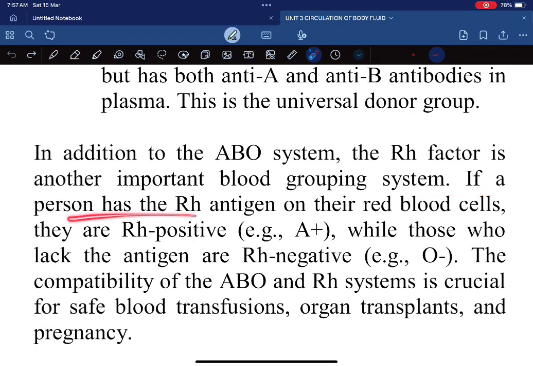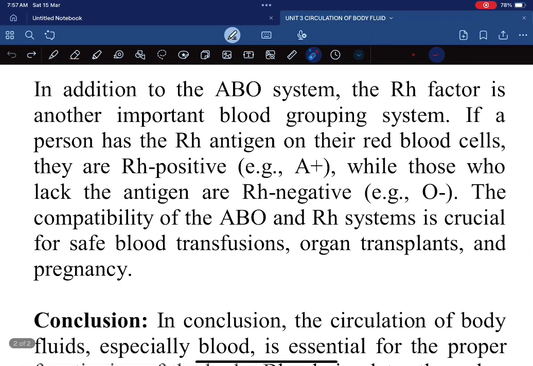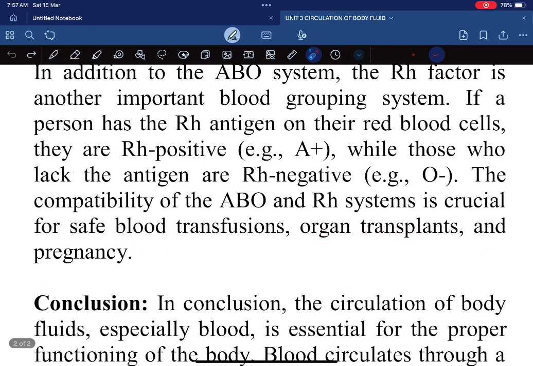If a person has the Rh antigen on their red blood cells, they are Rh positive, for example A positive, while those who lack the antigen are Rh negative, for example O negative. The compatibility of the ABO and Rh systems is crucial for safe blood transfusions, organ transplants and pregnancy.